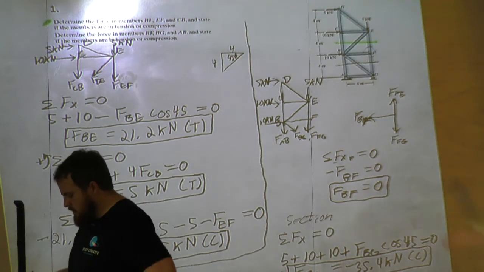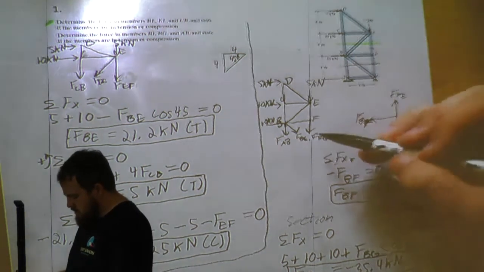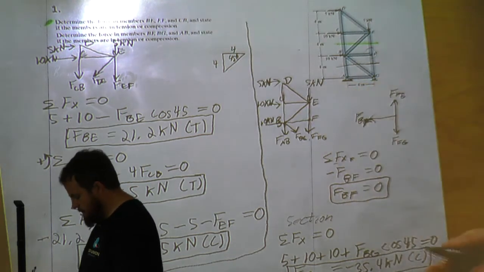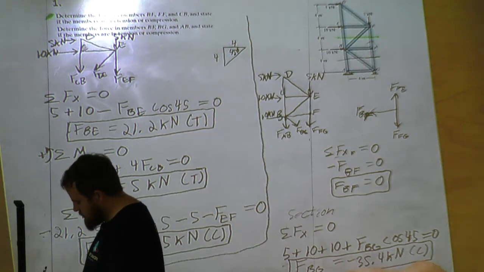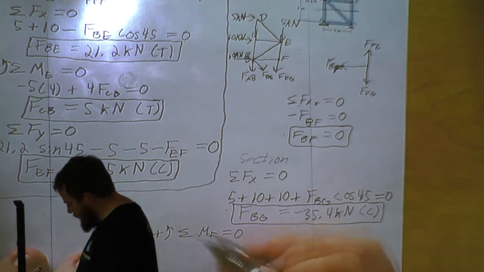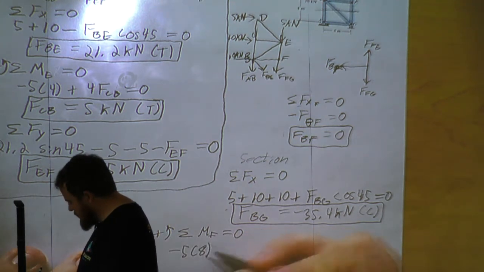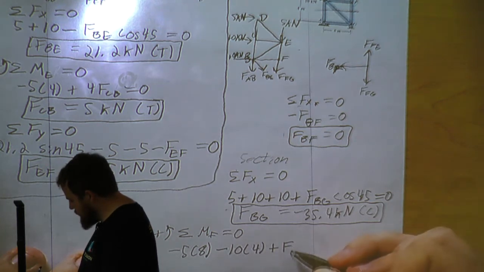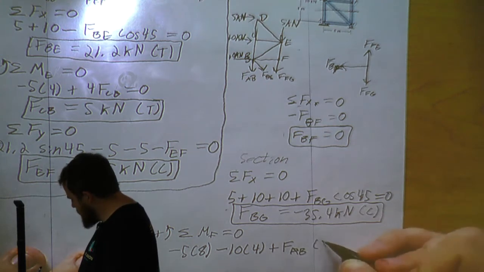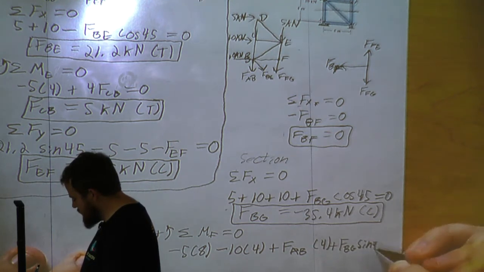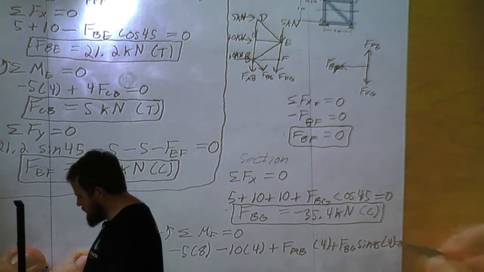Now, in order to find our last member, FAB, instead of finding this and then doing sum of the forces in y, let's just do sum of the moment about F. So if we do sum of the moment about F equals 0, and that's counterclockwise, we're going to get negative 5 times 8 up at the top, minus 10 times 4, plus FAB times 4, and then plus FBG sine 45 times 4, and that all equals 0.